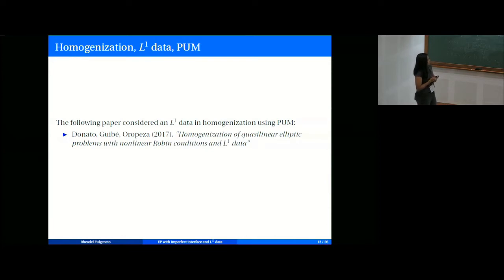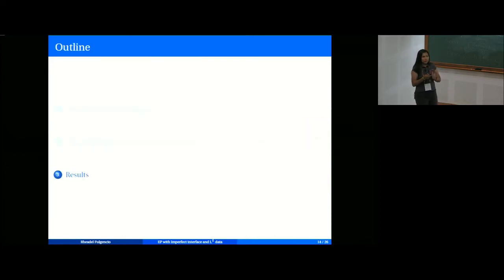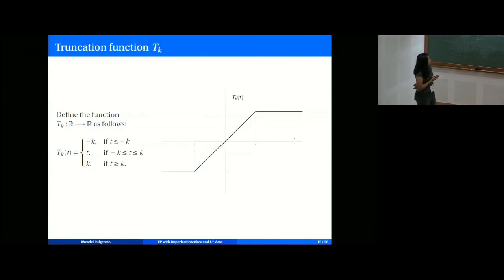Okay, so now just some results. First, I would like to define the truncation function Tk at height plus or minus k. Yes, we've seen this before. So this is the graph. Tk of t is t for t between negative k and k, negative k for t less than or equal to negative k, and k for t greater than or equal to k.